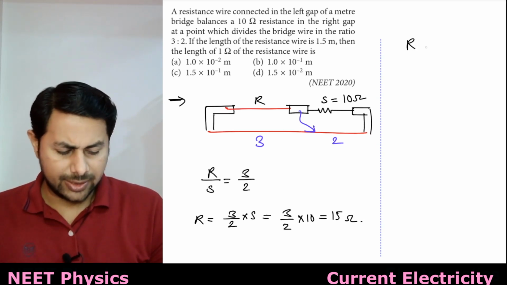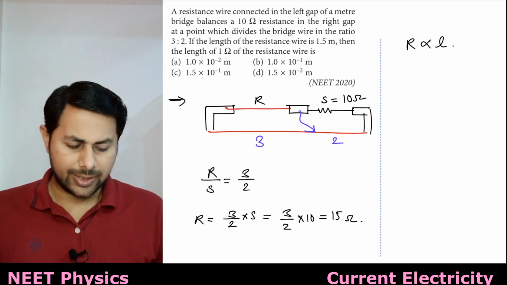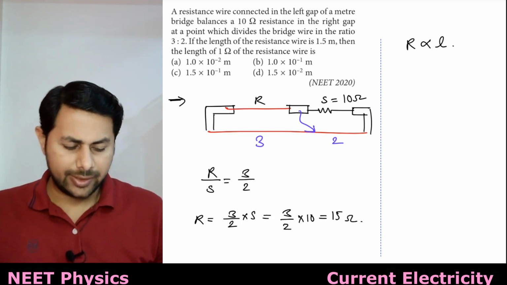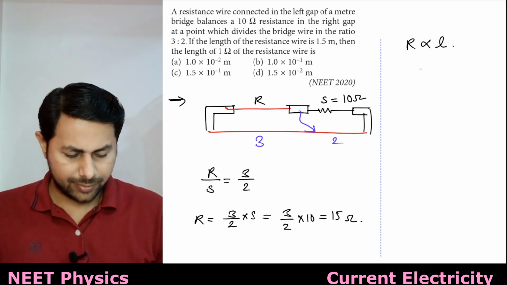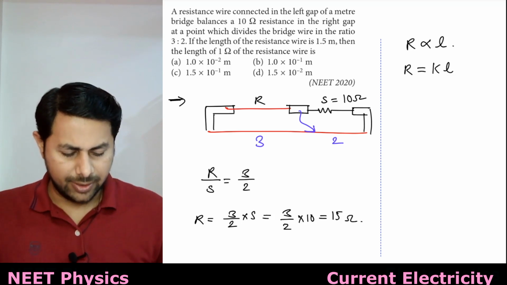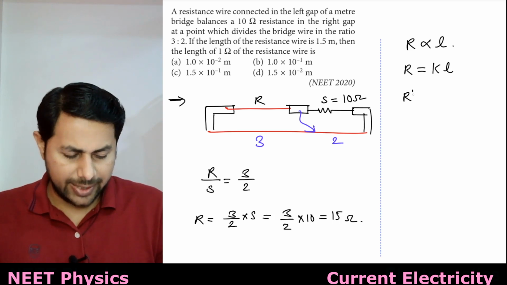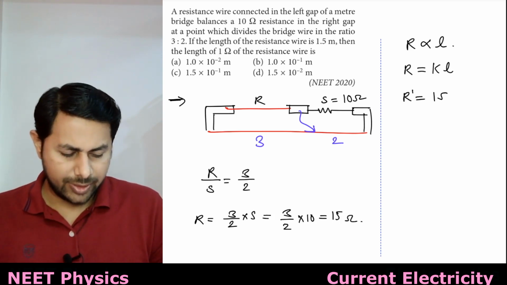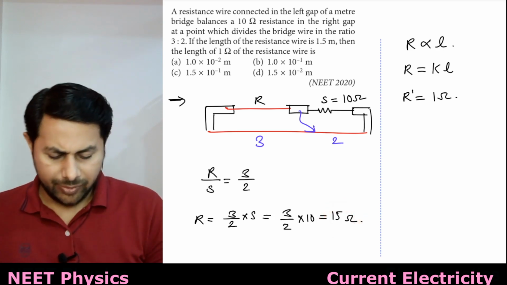So you know resistance is directly proportional to length. So resistance is some constant times length, and what do you want? Suppose R dash is 1 ohm, this is given, R you found is 15 ohms, what would be L dash?